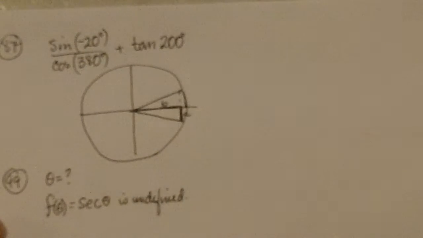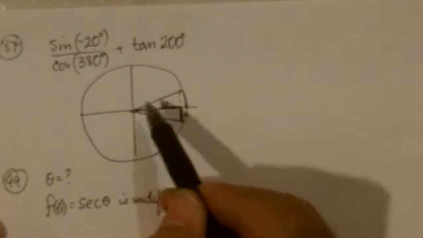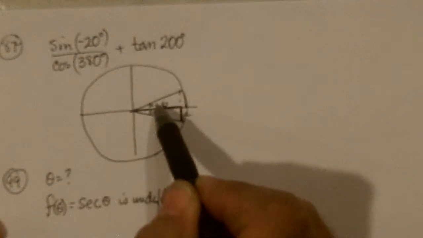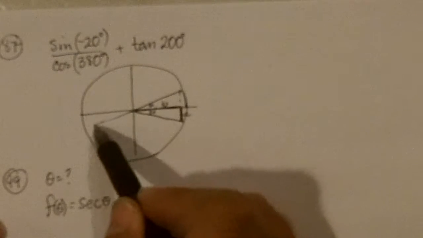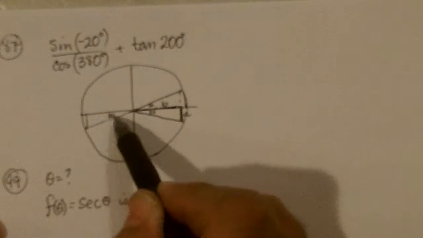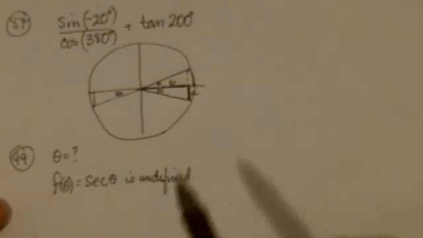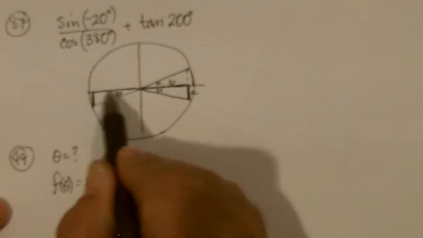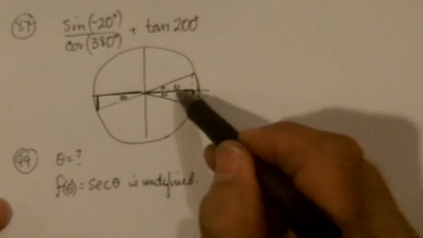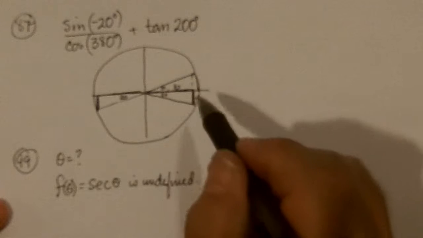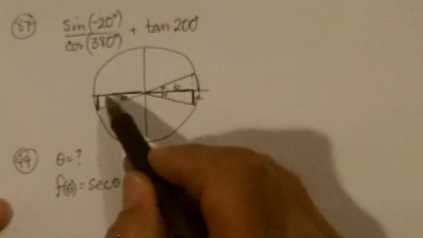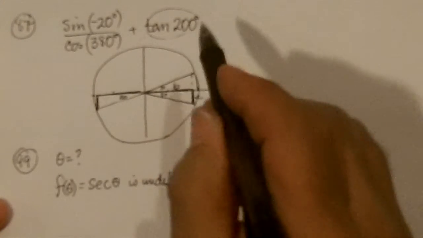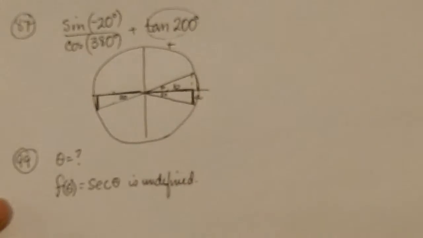Now let's look at the tangent of 200. This was 20 above, this was 20 below. If I go 200, that would be 180 and down 20. So they seem to be focusing on this 20 degrees thing. And the tangent would be this length to this length. They would be the same in size, except over here the sine and cosine are both negative, so this tangent number would be a positive number.